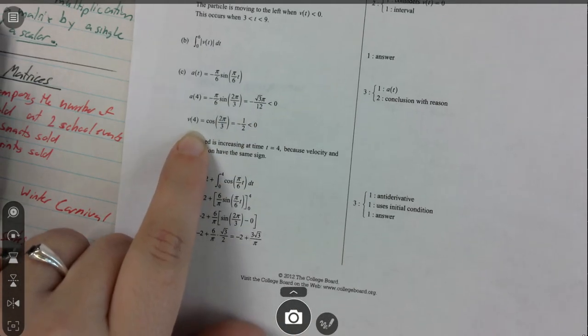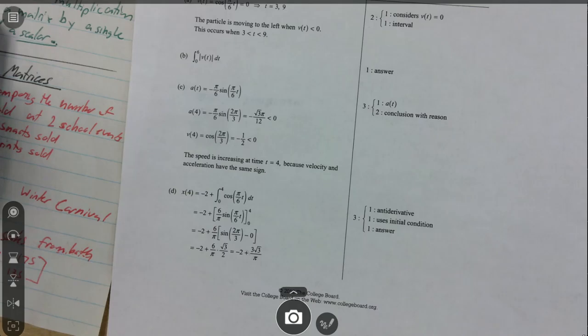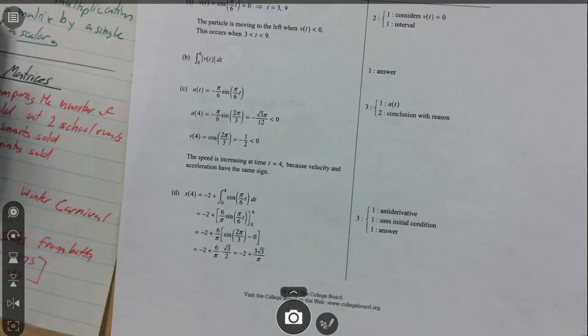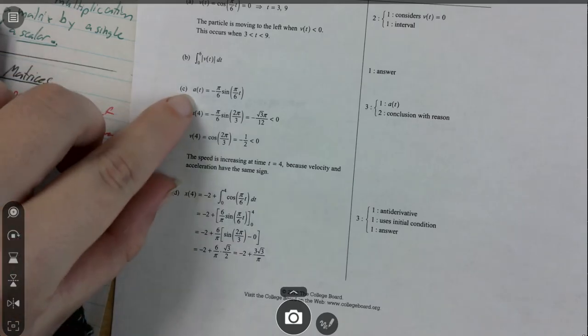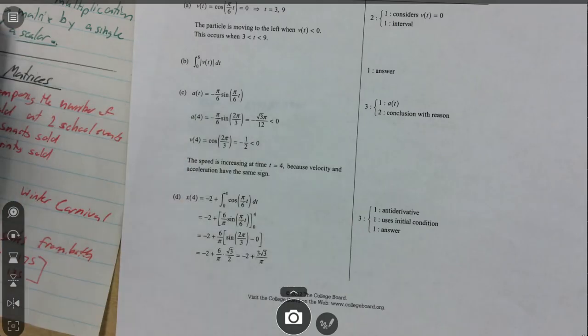Then we go back to velocity. And we find -12. So the speed is increasing at time of 4 because velocity and acceleration have the same sign. They are both negative. We need a statement, that itself is 1 point. So finding this statement alone is 1 point, and then this is the other point. The work in the middle, sadly, you don't get any points for.